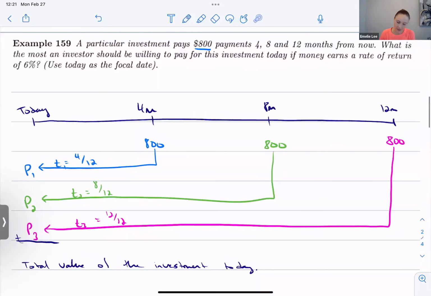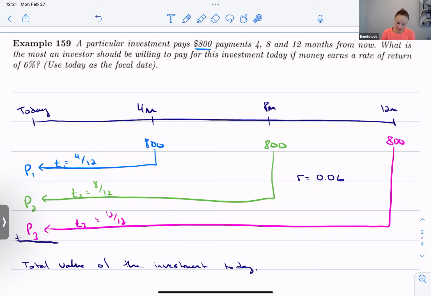And okay, we're doing great. Money earns a rate of return of 6%. So somewhere in here, I'm going to have R is 0.06. It applies to all the arrows, which is not necessarily the case.